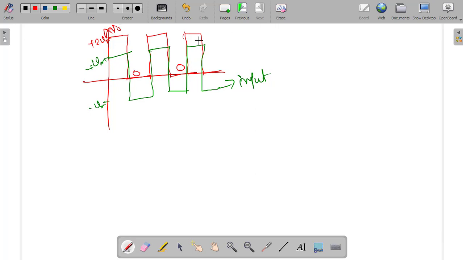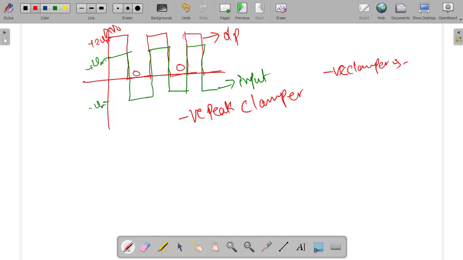This is also called a negative peak clamper. What we have studied: negative clamper is also called positive peak clamper, because the positive peak was brought down to 0.